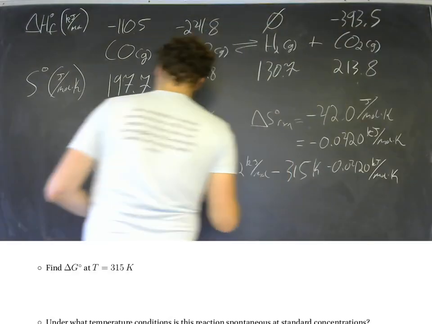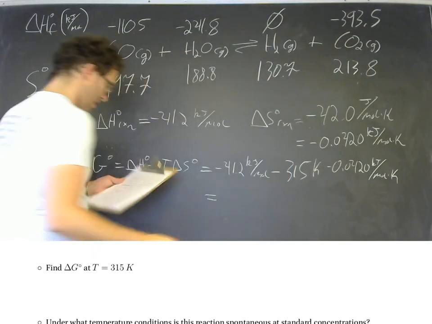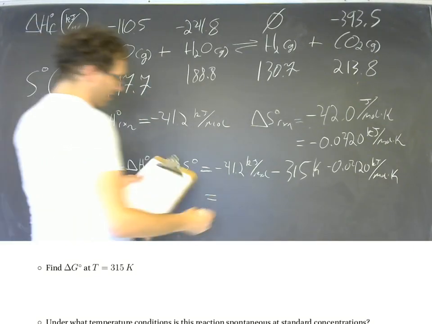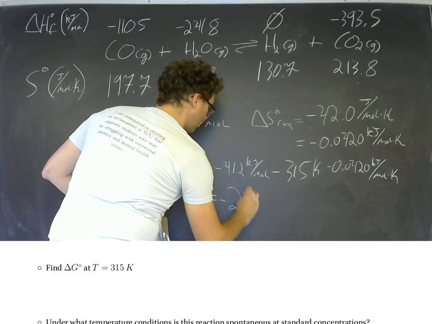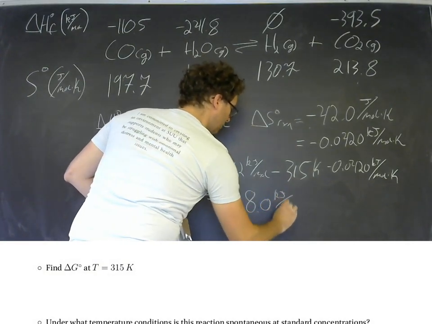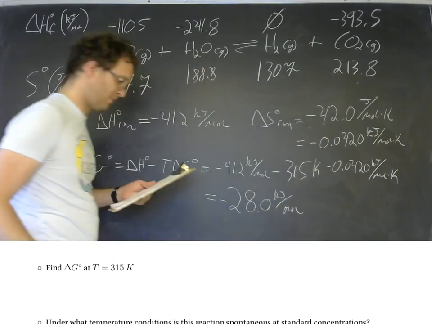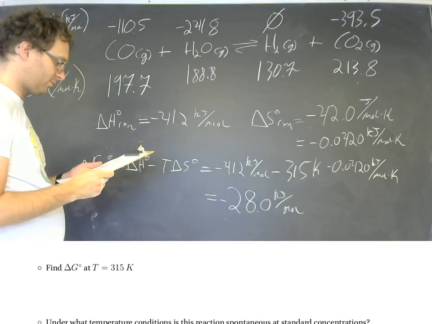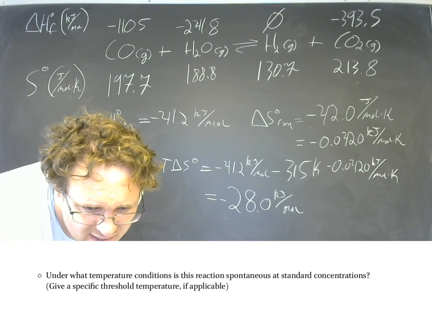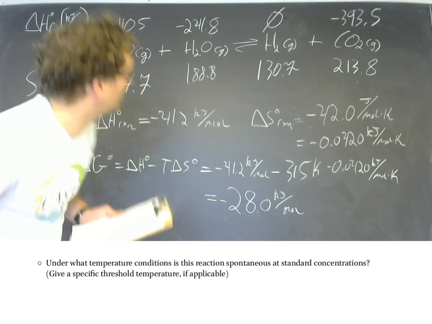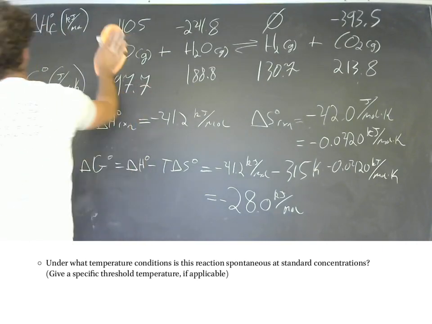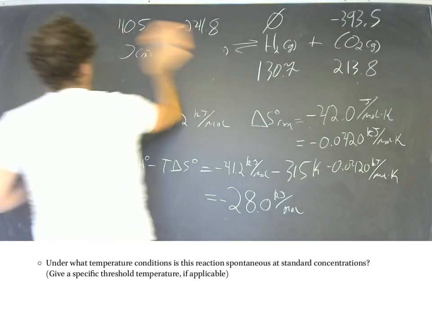And this is going to give us a delta G naught at 315 Kelvin of negative 28.0 kilojoules per mole. And then the last question is, under what conditions is this reaction going to be spontaneous? Let's go ahead and erase the top. We don't need this anymore.